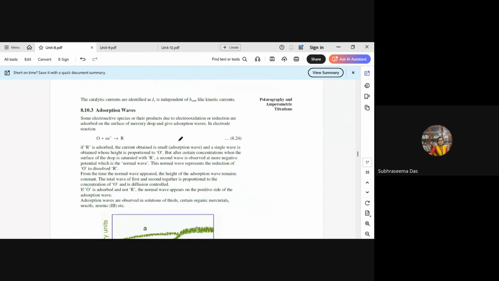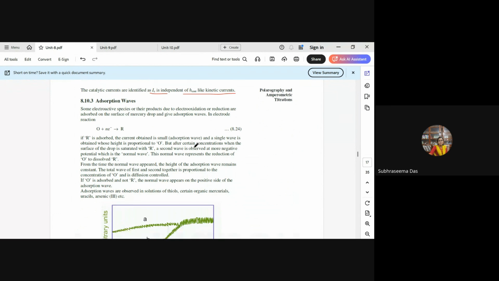Catalytic currents are independent of h, like kinetic currents. Then there are waves we call adsorption waves. So what are these adsorption waves?